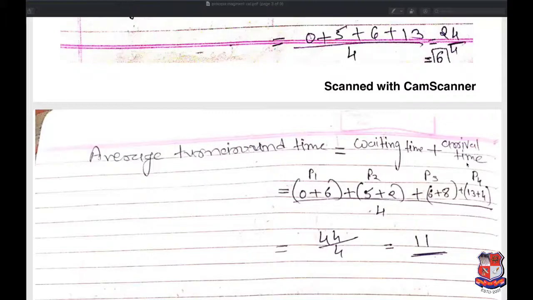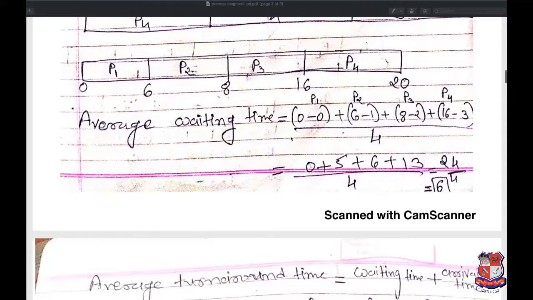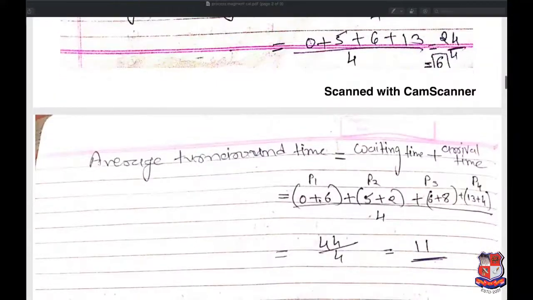Waiting time of P1 is equal to 0, which we have already found. For P1 it is 0, for P2 5, P3 6, P4 13. So we put all these waiting time values into this position. So 0, 5, 6 and 13, plus arrival time, which is already given in the table: 6, 2, 8 and 4.